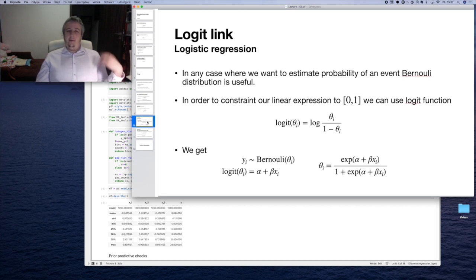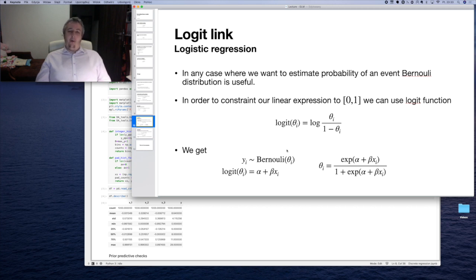In the case of binary values, the most popular approach is the so-called Logit function, or Logit link, which leads us to so-called logistic regression. It is based on the logistic function, also called Logit, which is the logarithm of its argument divided by 1 minus that argument. If the argument is constrained to 0 to 1, this function corresponds to the minus infinity to plus infinity interval.